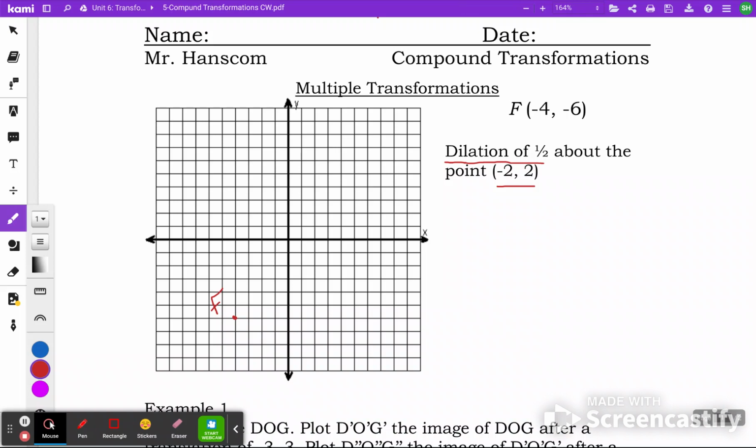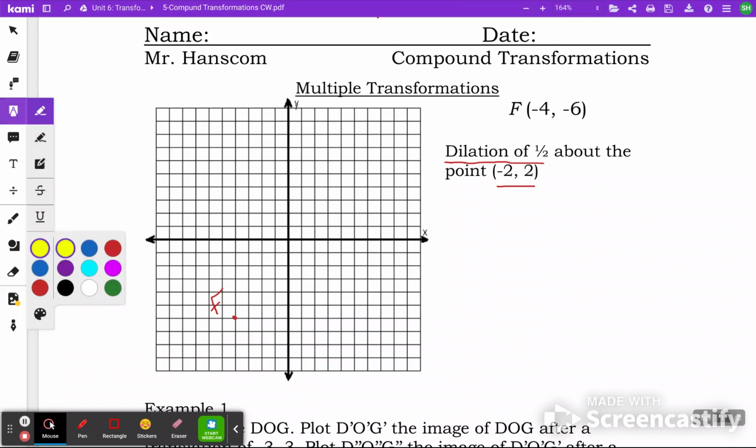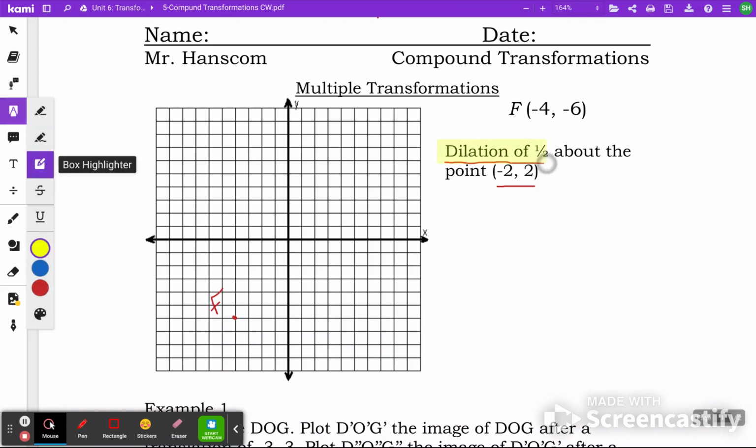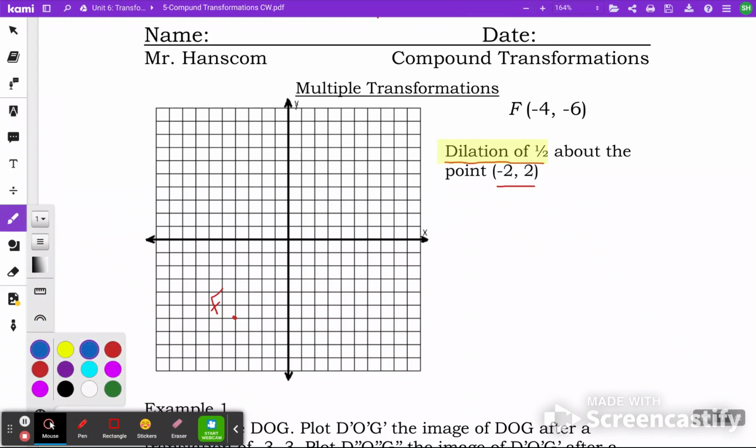Because the only thing we have done dilations with so far is dilating from the origin, we will have to move this transformation to the origin in order to complete it. So we are going to take the point (-2, 2) and turn it into the origin (0, 0).